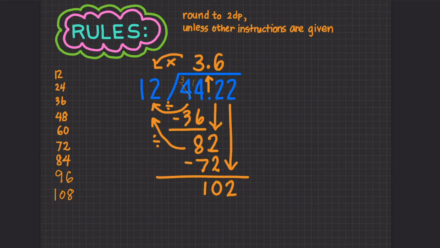So look at this. Which one are we going to use? 12 times 8 or 12 times 9? Of course we're using 12 times 8 because it needs to be less than this number. Okay, so let's put 8 over here.